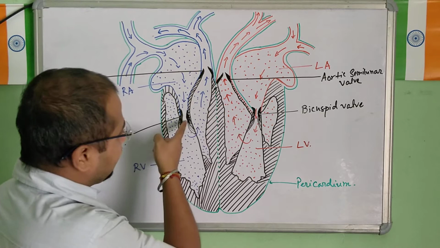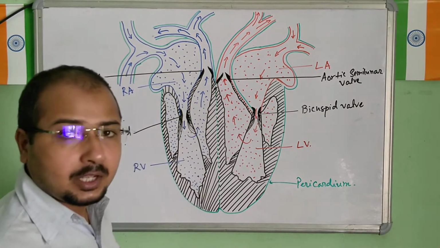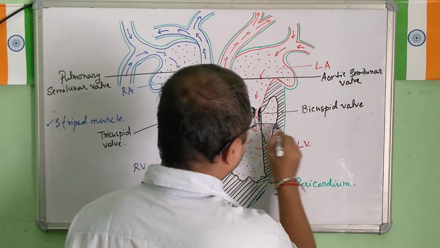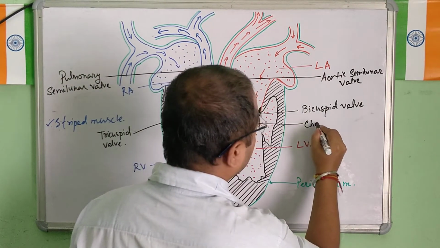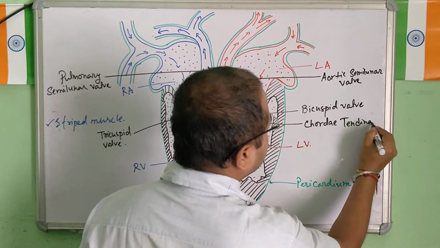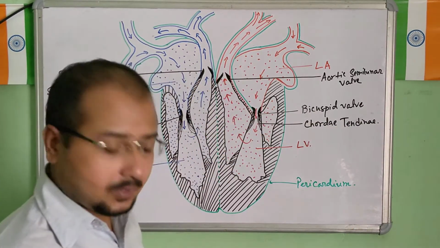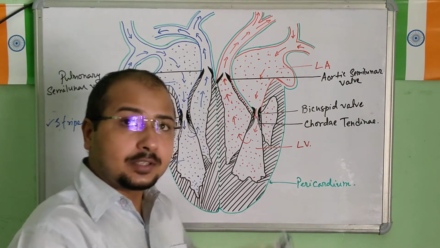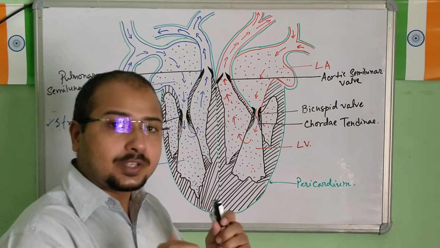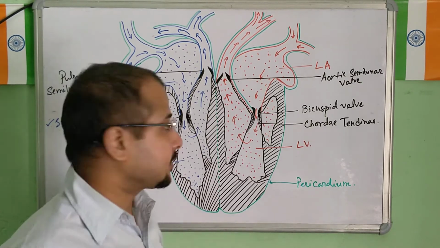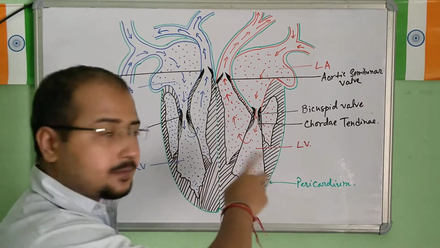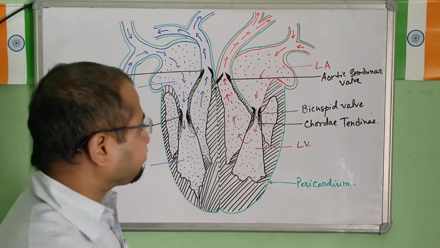These are known as chordae tendineae. They hold the valves in position and help in the opening and closing of the valves. So chordae tendineae are present on both the ventricles.